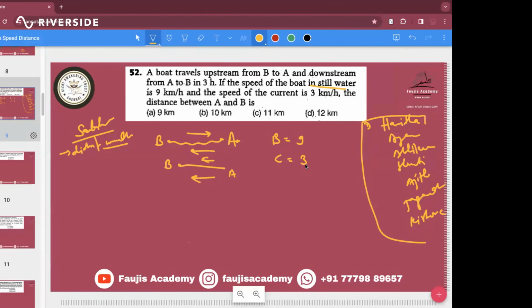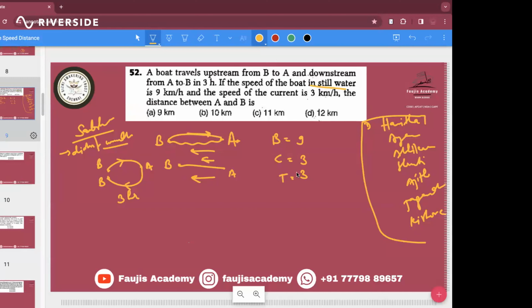They have also given the total time. This person went upstream from B to A, and then came back from A to B. In the entire journey, it took 3 hours. Let's write it as 3.